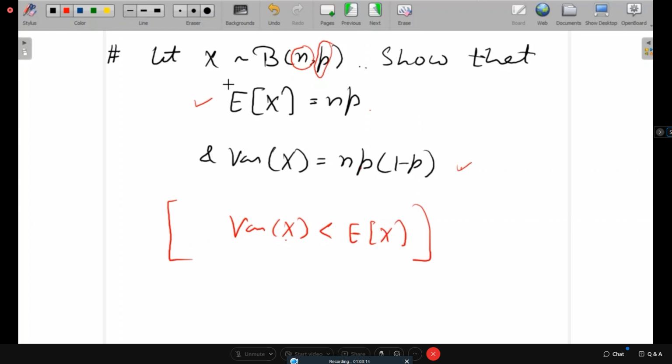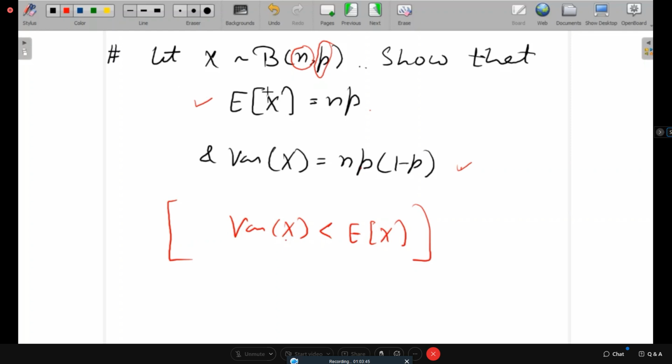Now let's try to prove that the expectation of x is n times p. We want to establish this result, and there are two ways. I will try to explain both ways; there is also a very simple way that we will see. But if you go with the direct definition, the expectation of x is equal to, what is that?